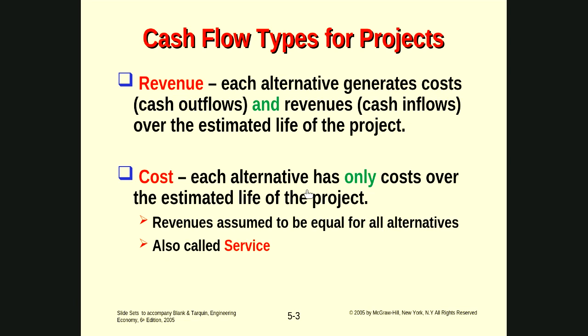And the profit or loss is the subtraction between revenue and cost. If the revenue is greater than the cost, then you are making profit. If the revenue is less than the cost, then you are making a loss at the end of that project. Okay, clear? Inshallah.